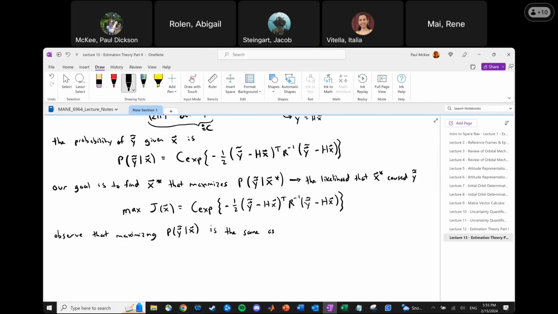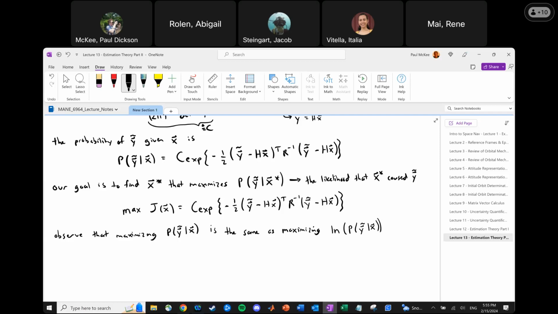I know my handwriting is not the best, but I can do better. So we've got optimization, matrix vector calculus, Bayesian conditional probabilities, Gaussians, and now we also have logarithms. This is definitely getting into the spicy math side of things.